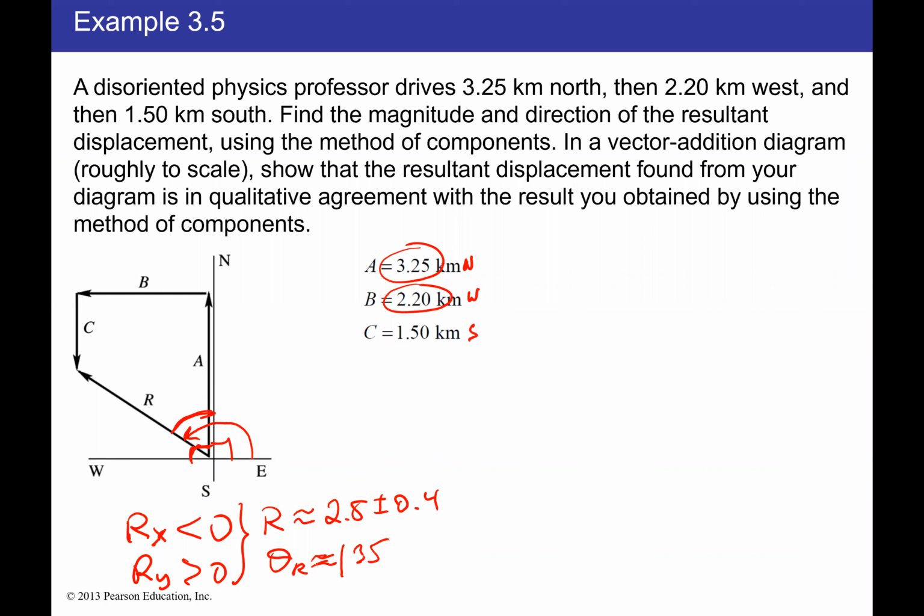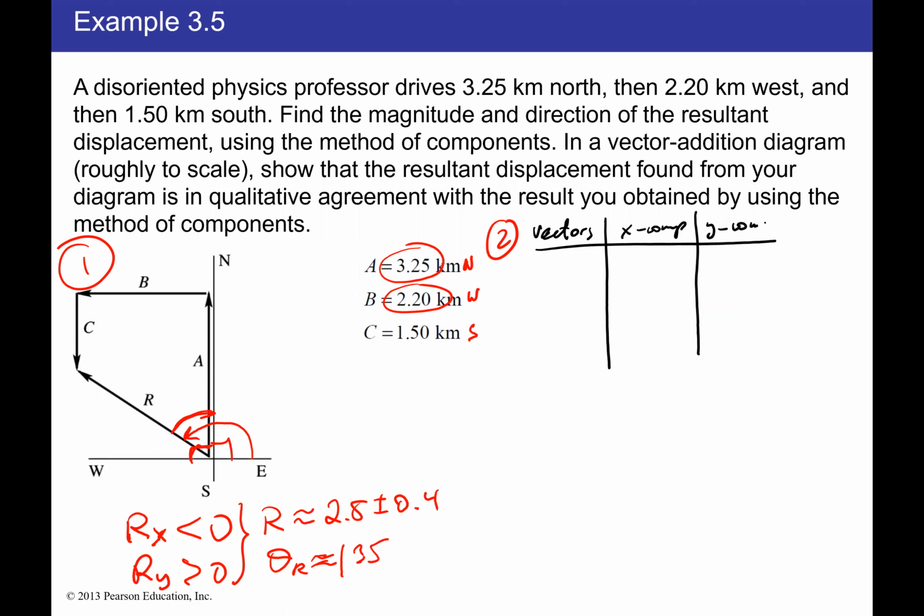All right, then let's do this. This was your first step, to do the graph. Second step will be to make a table. With a table, we can write down all the values. So I have my vector A, my vector B, and my vector C. When I add them together, I'm getting the resultant.